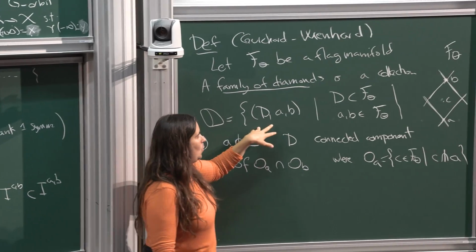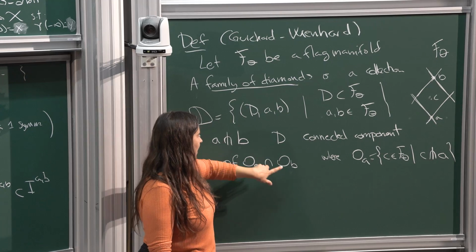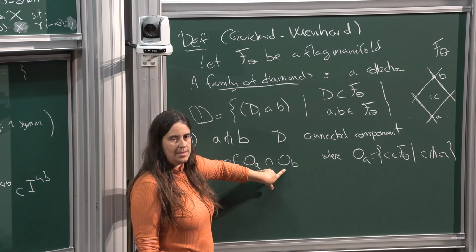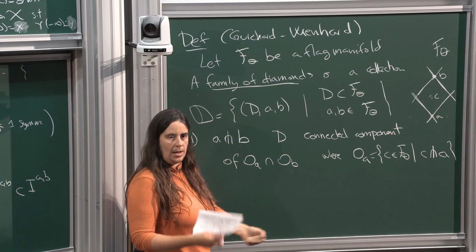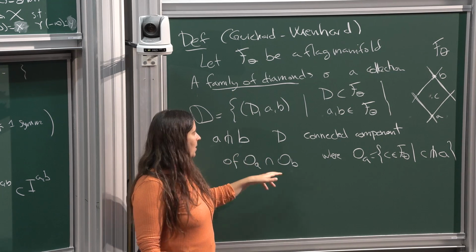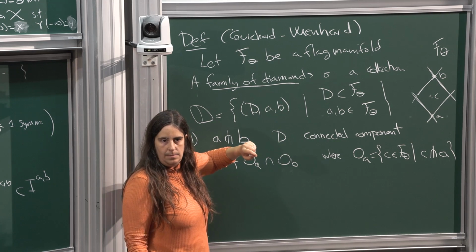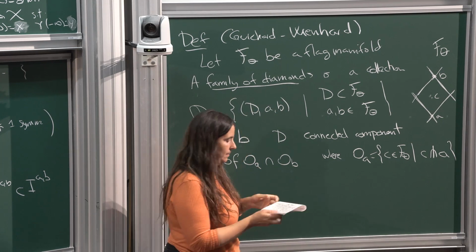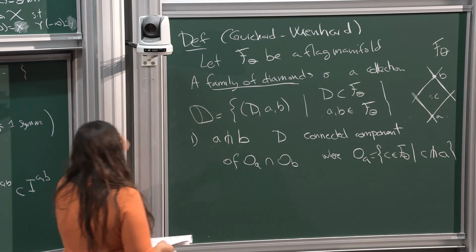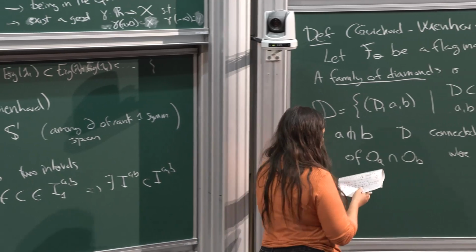It will always be true that if I take this intersection for any flag space, it is going to have finitely many connected components, maybe just one. And I want to choose some of these connected components. So this is the first property. I will want to have more than one for this to be a non-trivial condition.